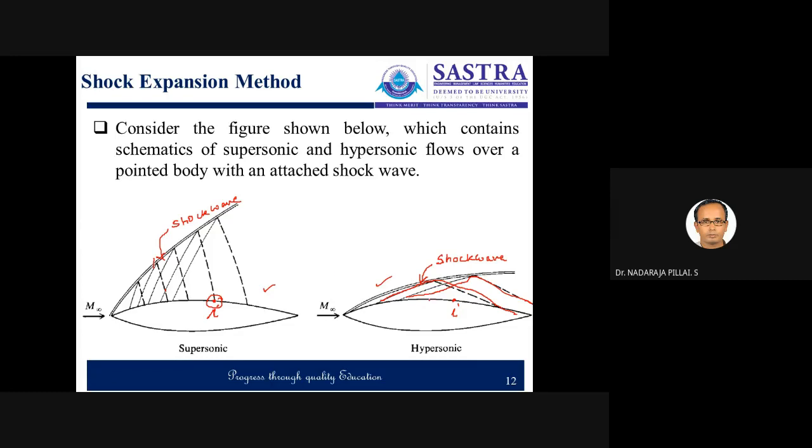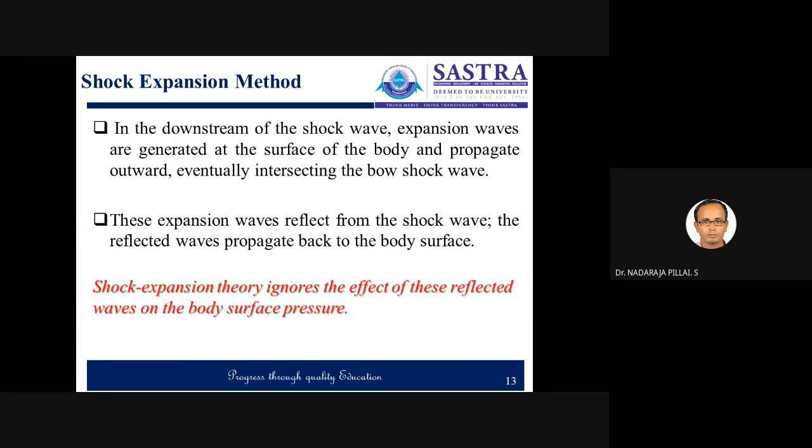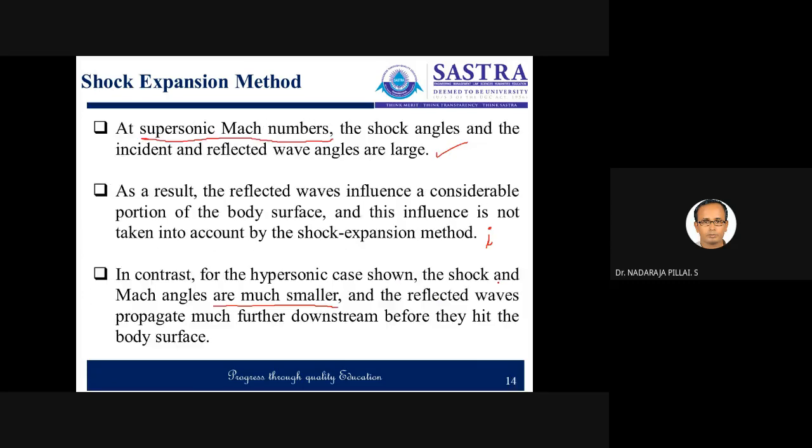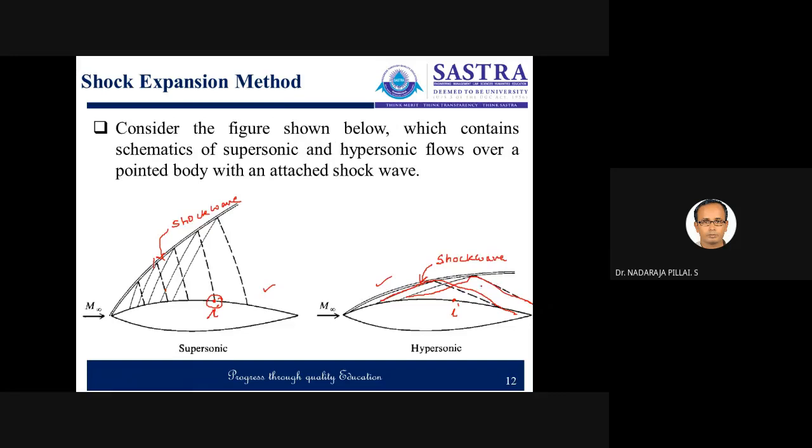But in the hypersonic flow, it lies beyond the body, right? So we can consider that this reflection wave will not have any effect on the point I, or at least on the forebody. Most of this body does not have the effect of the reflection wave, right?